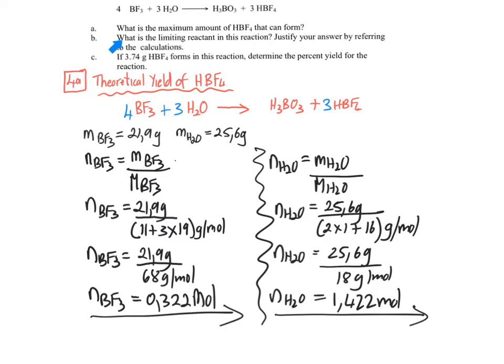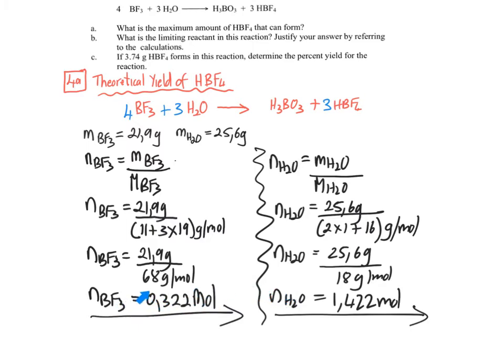So question B, what is the limiting reactant in this reaction? Justify your answer by referring to the calculations. You actually need to do this in part A as well. So what we're going to do now is use the molar ratio of the reactants of 4:3 to see which of the scenarios actually works out.